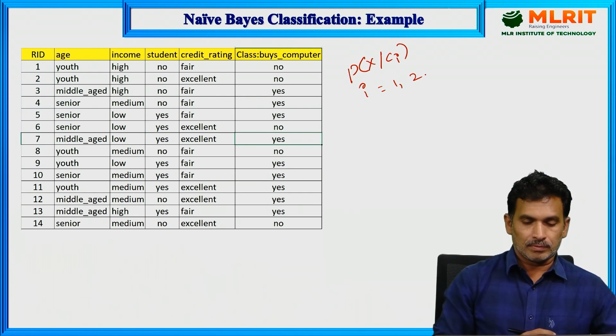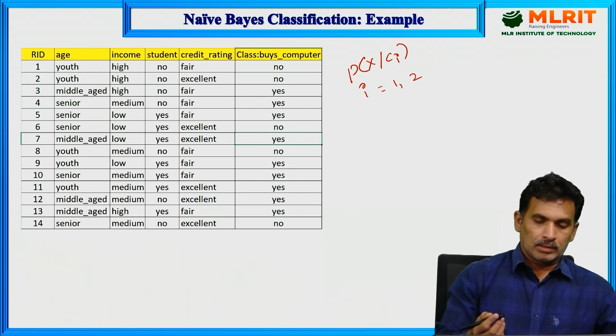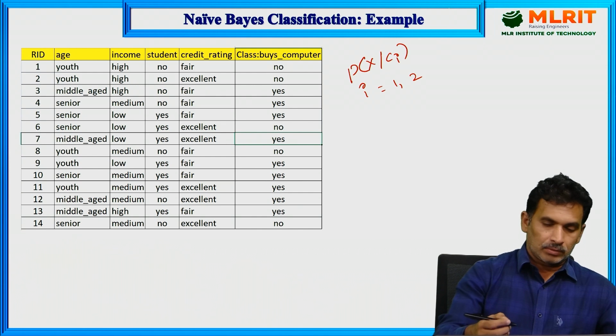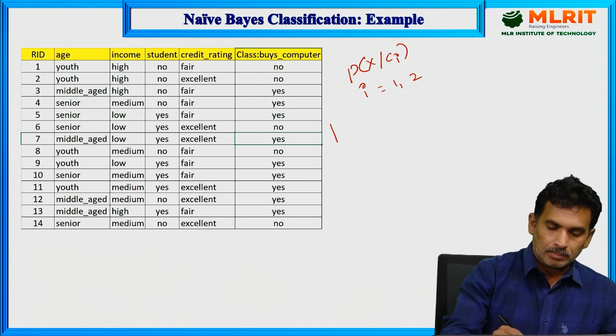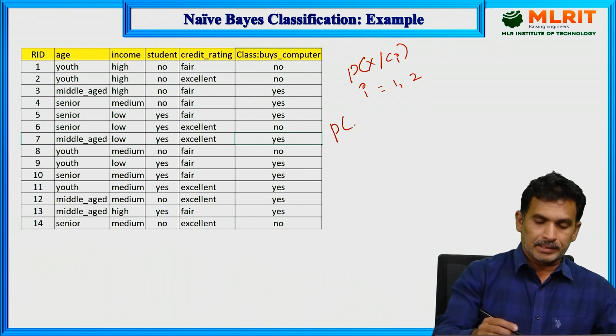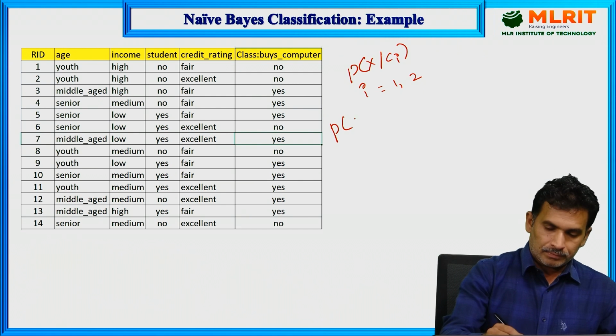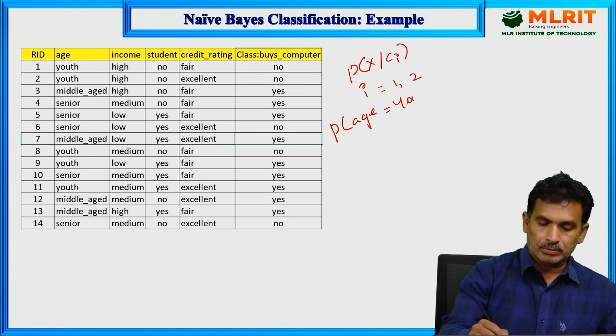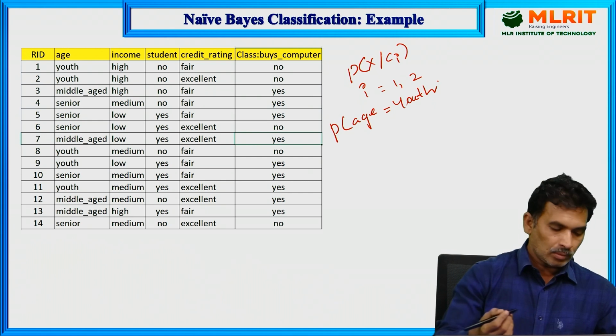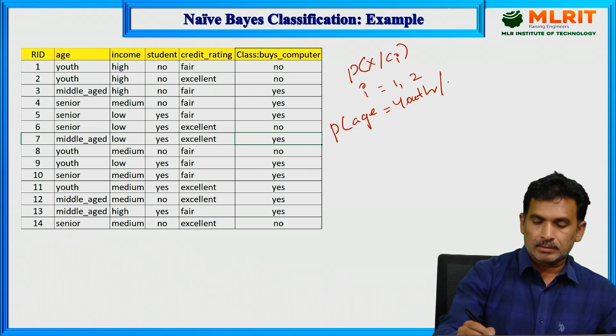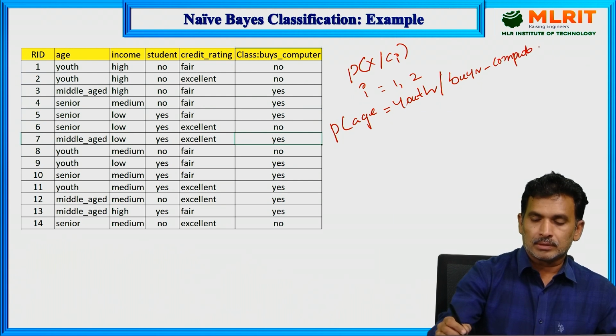I'll write a few directly, like probability of age equal to youth given buys computer equal to yes.